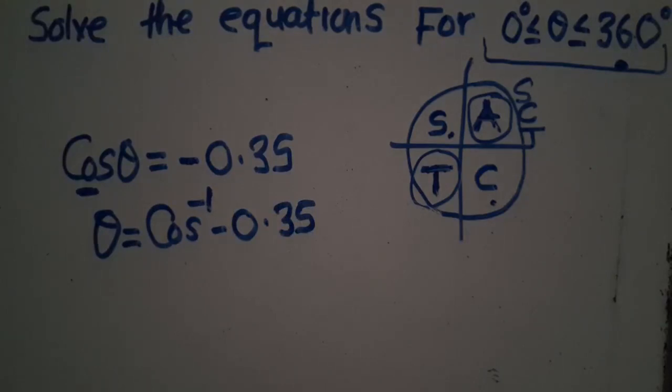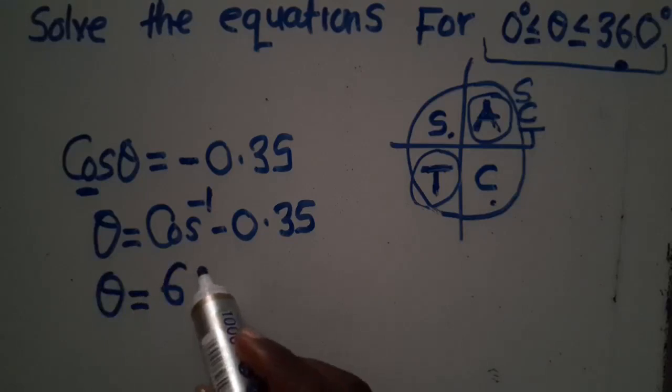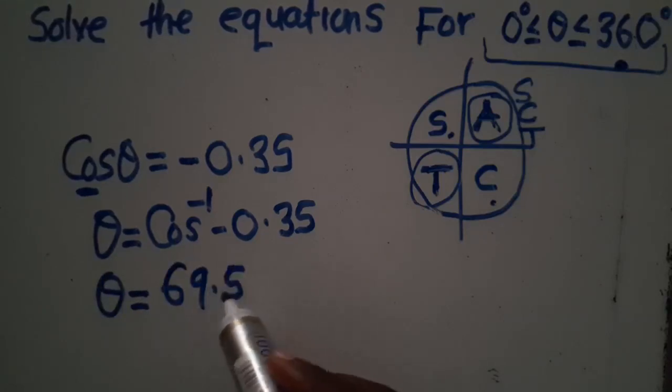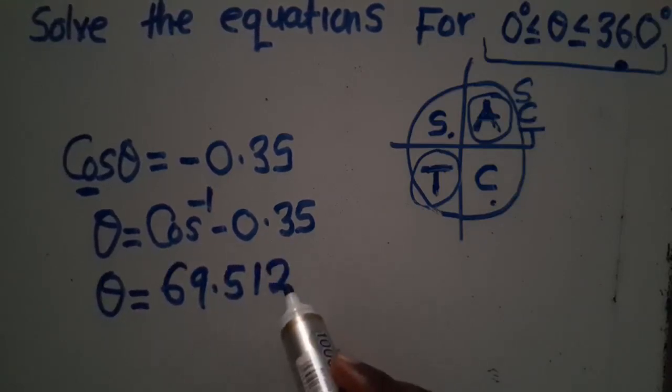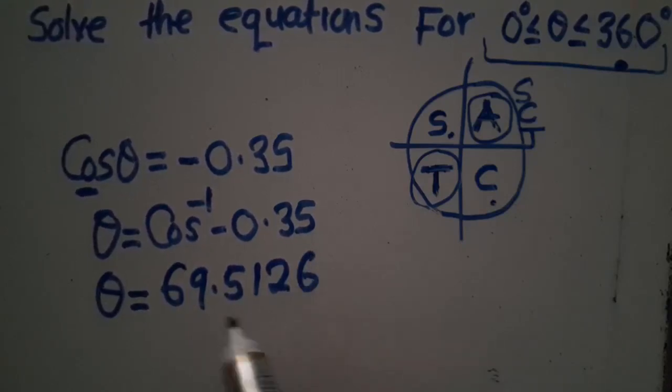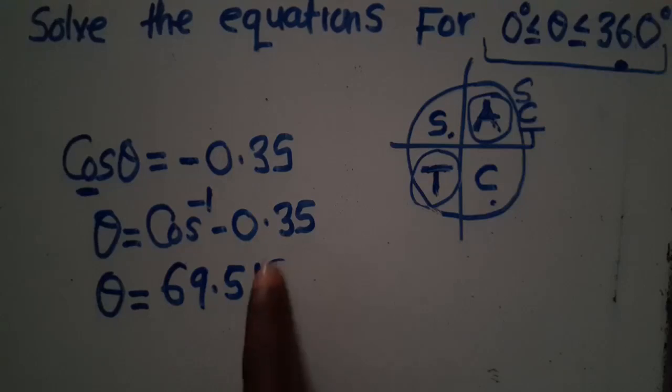You say shift cos inverse, negative 0.35. The answer that we are going to get is theta equal to 69.512. So to cut this short, I'll just say 69.5 degrees.